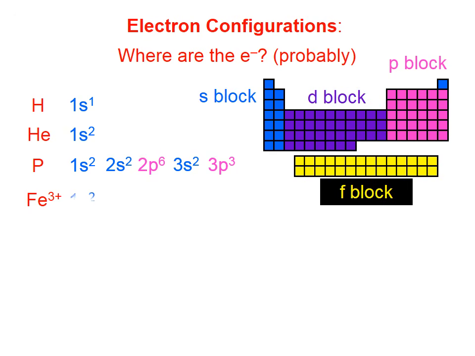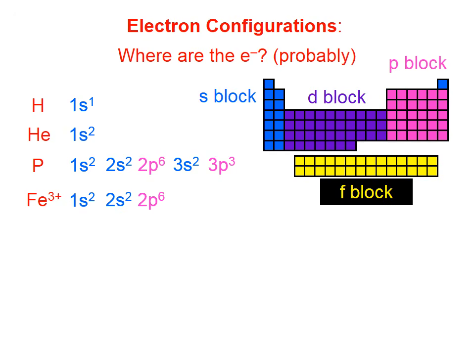So let's do that. 1s2, 2s2, 2p6. We're starting at the top left corner of the periodic table, and we're reading it left to right like a book. And we're right now at element number 10, which is neon. If you look at my laser pointer on the periodic table right here, that's neon right there.